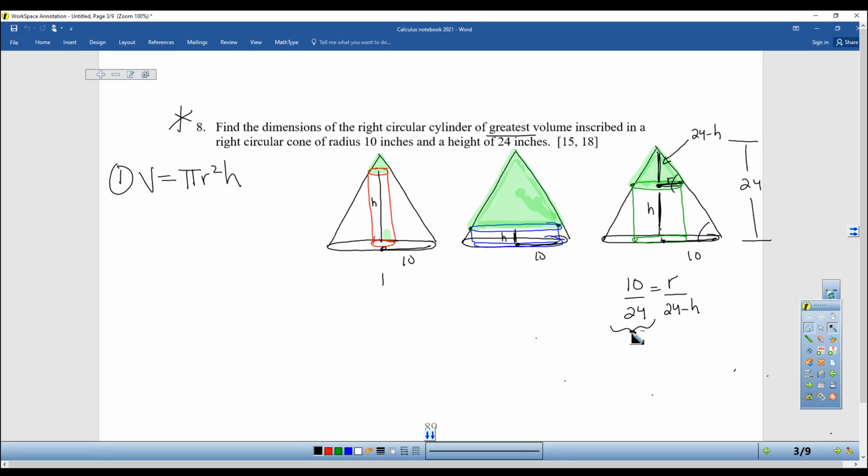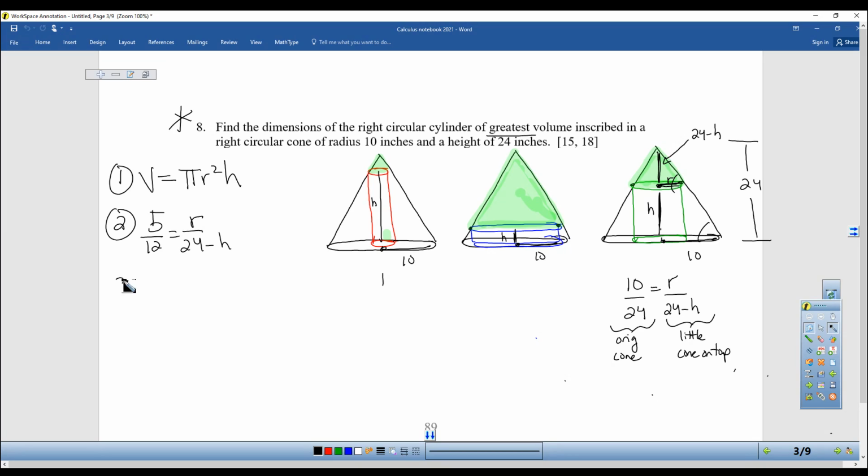So this represents the original cone, and this represents the little cone on top, which fortunately has the same radius as the cylinder that's underneath it. So we can use R and then 24 minus h. So that's my constraint. We can reduce that. 5 over 12 is equal to R over 24 minus h.